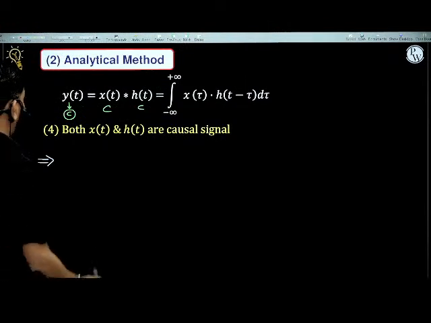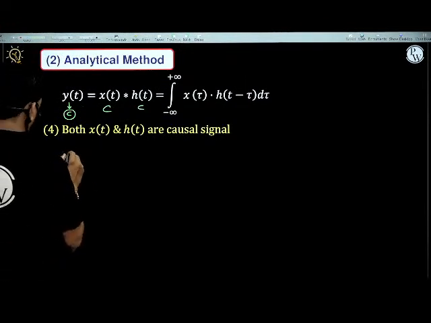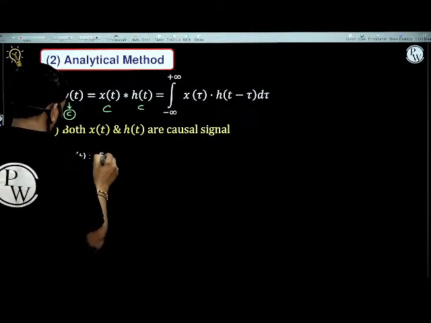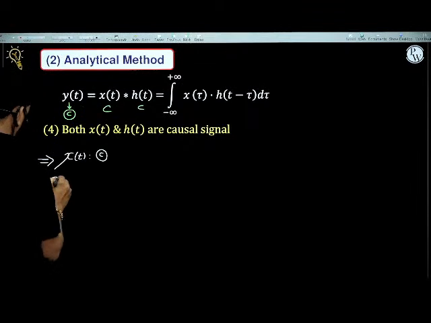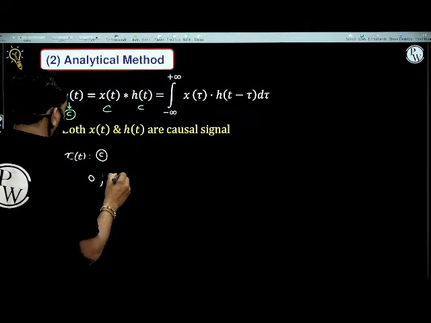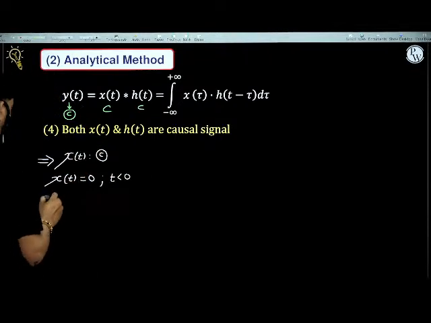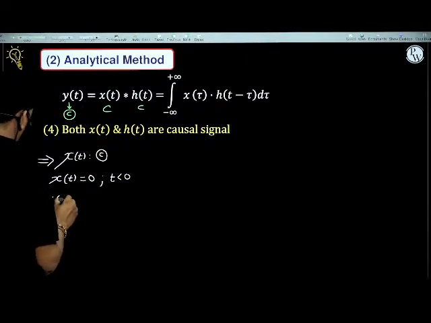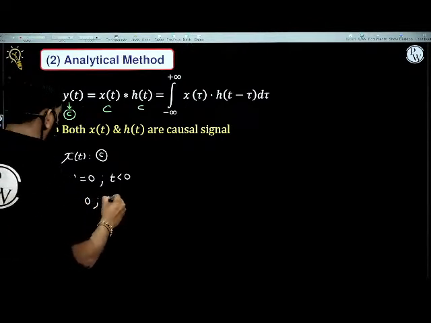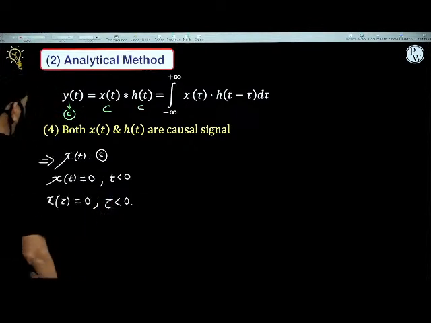Now see, if both the signals are causal, x of t is a causal signal. As this is causal, x of t is equal to 0 for t less than 0, correct? And here x of tau is there, so replace t with tau. So x of tau is 0 for tau less than 0.